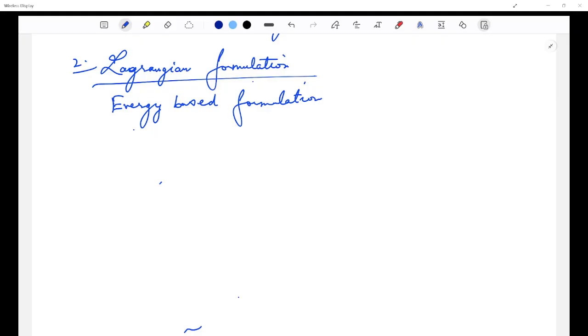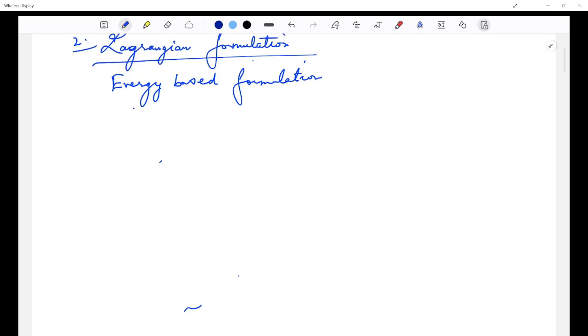How do we define this? Okay. So it's basically an energy-based formulation, right? So what do we do? Instead of forces, we use kinetic energy and we also use potential energy, and then we derive the equations using calculus.